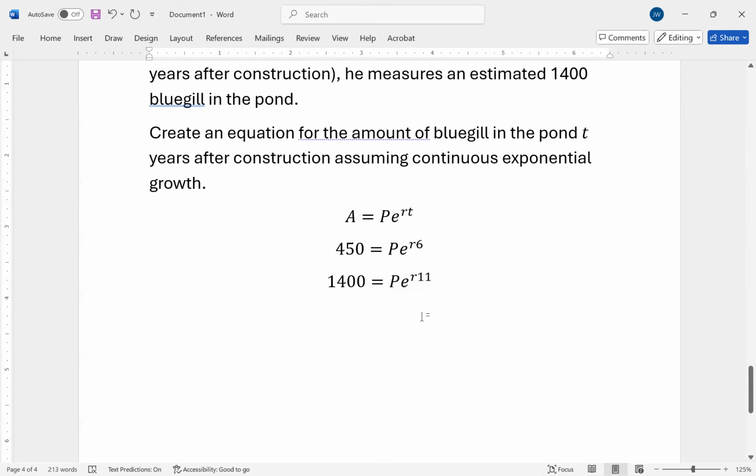Now, the way we do this is we actually divide both sides. It's going to be a little bit easier if I take the second equation and then divide by the first.